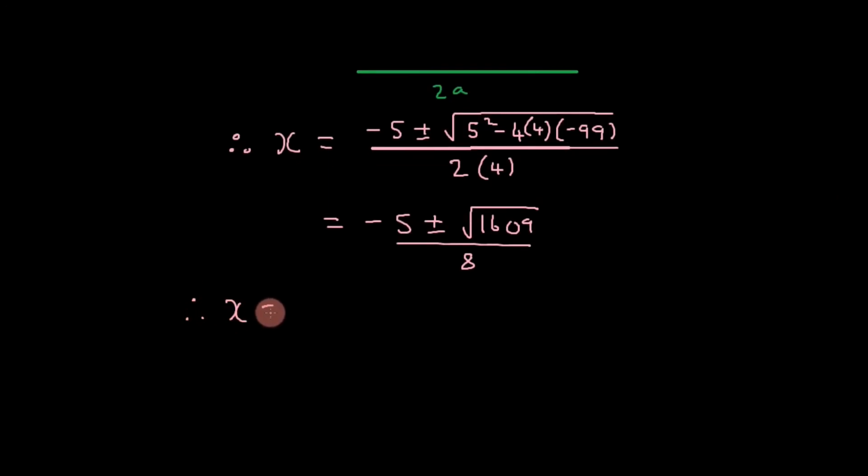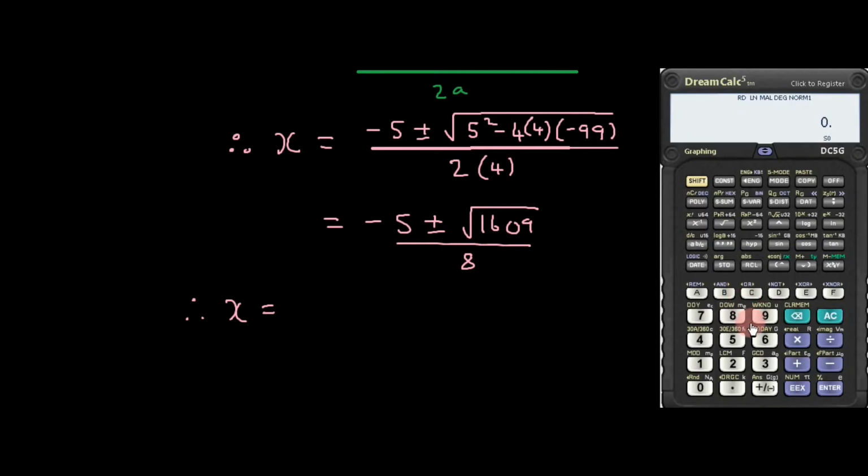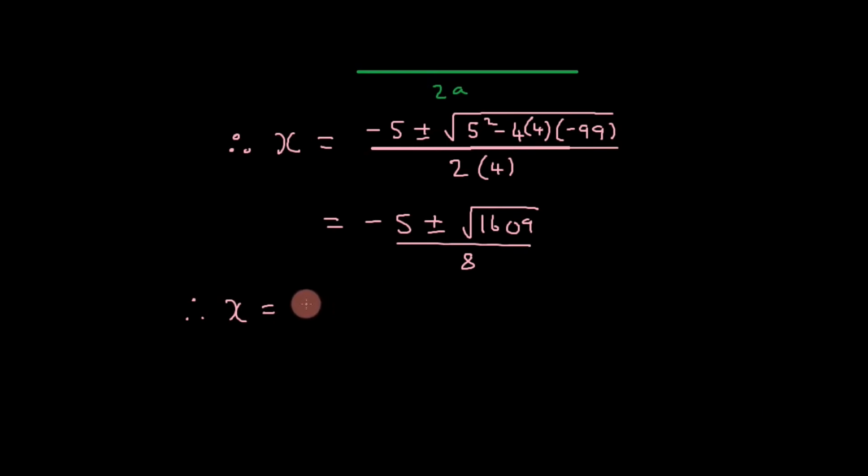So then x is equal to, we can first work out negative 5 plus the square root of 1609, all divided by 8. So negative 5 plus the square root of 1609 and then divided by 8. And it's 4,39 rounded off to 2 decimal places. So 4,39.